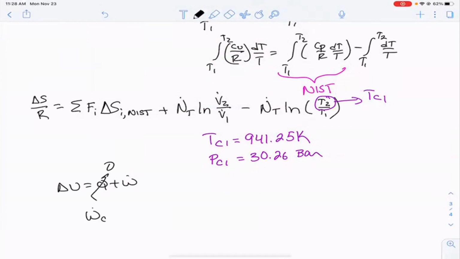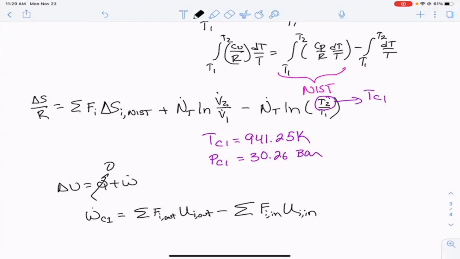So the work in our compressor is actually just equal to the change in the internal energy, which is the sum of the flow rates leaving times the internal energy of those species leaving, minus the sum of the flow rate of that species entering times the internal energy of that species entering.